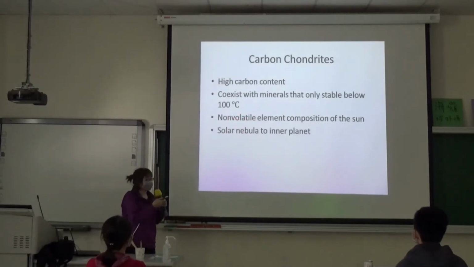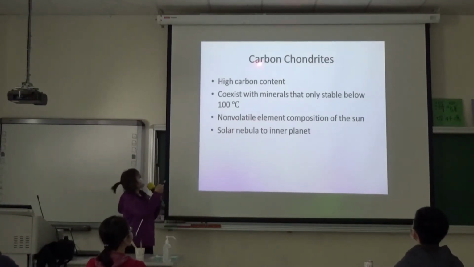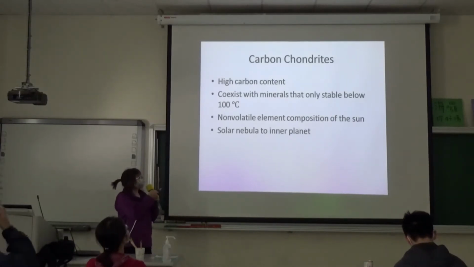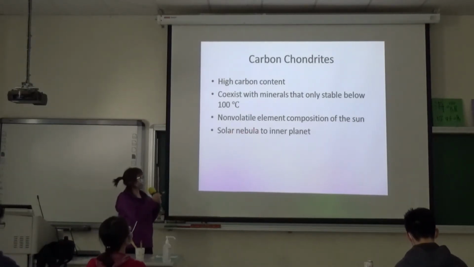Volatile is 挥发的, so non-volatile elements can be stored in this carbonaceous chondrite, and we can refer to the composition of the Sun. So this carbonaceous chondrite can give us a link from the solar nebula to the inner planets.